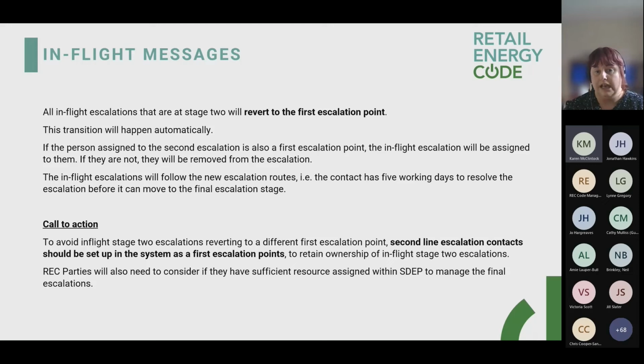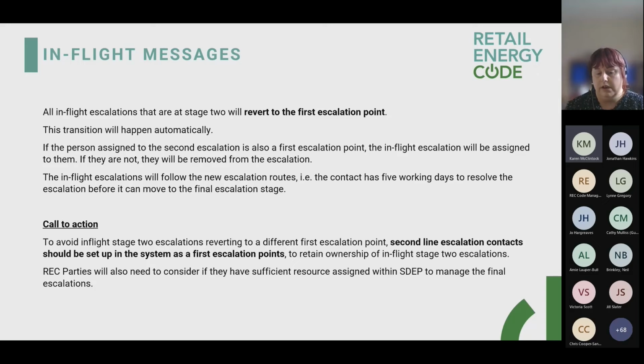The in-flight escalations are also going to follow the new escalation route. So if they were partway through that second level escalation, what's going to happen is when they revert back, they go to day 1 of the first escalation point. So there's going to actually be 5 working days to resolve that escalation as a first level escalation once that reversion has happened, before it can be escalated to the final stage, so to the contract manager stage.